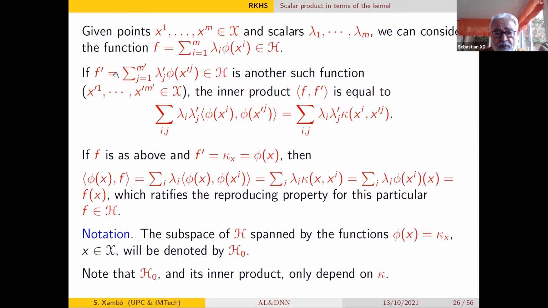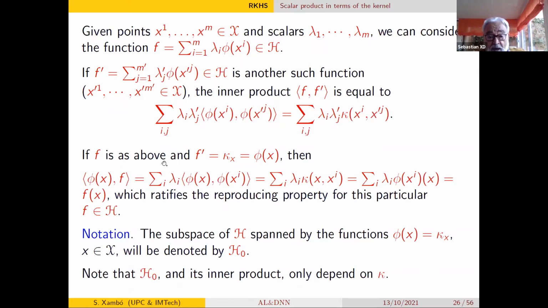Then if you take f prime, another function of the same form, so another combination for other data, then the inner product of f and f prime is equal to this expression. This is clear by the fact that phi of x_i, phi of x prime_j, is the kappa of x_i, x prime_j.